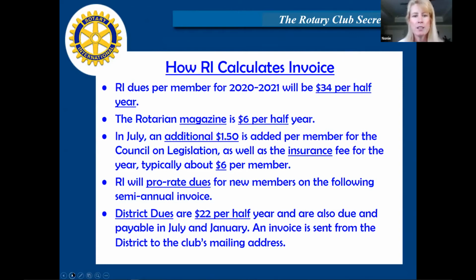An invoice is sent from the district to the club's mailing address. Patty typically sends that out via email, and if you don't respond, then she'll send you a hard copy, right, Patty? Yes, ma'am, I will. To your mailing address. Right. So that's the other thing. If for some reason your club's mailing address is not up to date, make sure that you do that. That's an important part of your job.